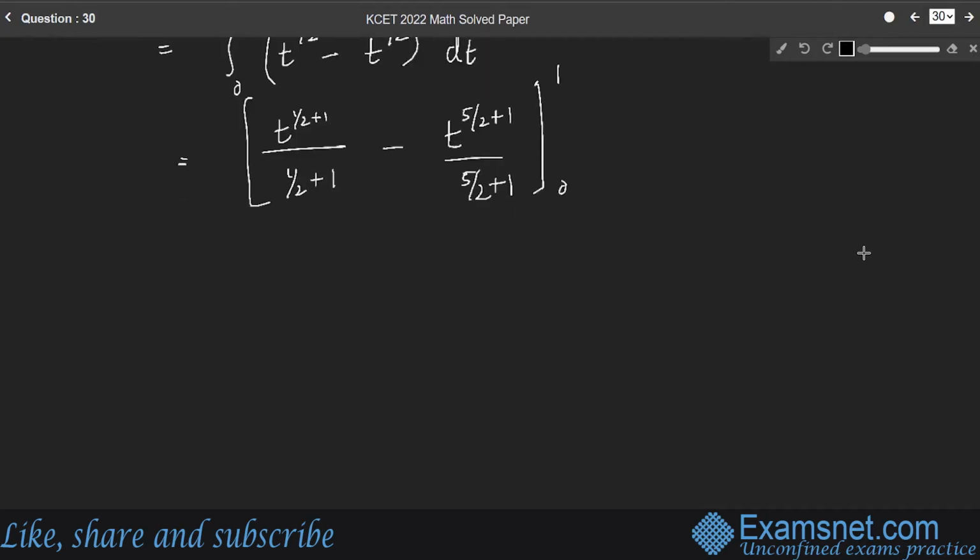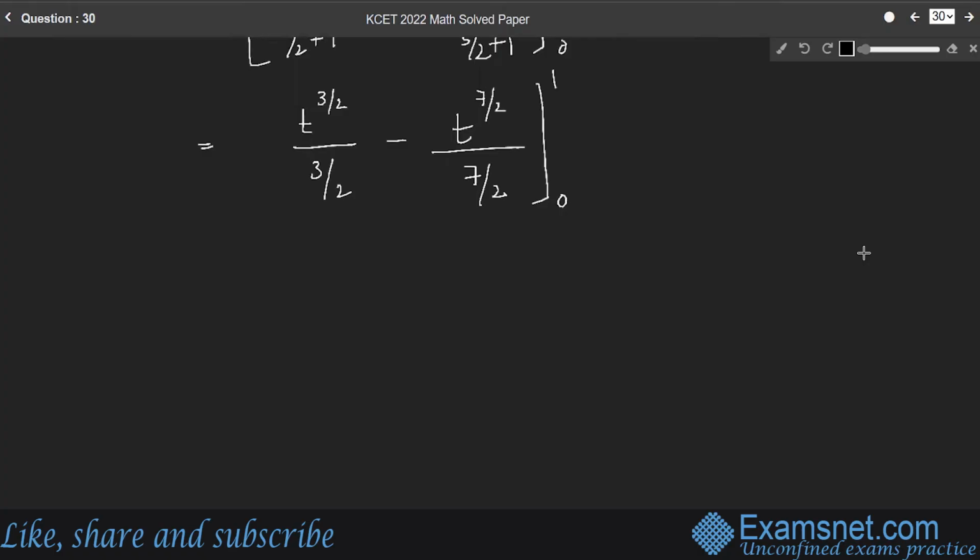Now, t raised to 1 by 2 plus 1 is t raised to 3 by 2 divided by 3 by 2, minus t raised to 5 by 2 plus 1, which is t raised to 7 by 2 divided by 7 by 2, within the limits 0 to 1. Therefore, the first term can be written as 2 by 3 t raised to 3 by 2.